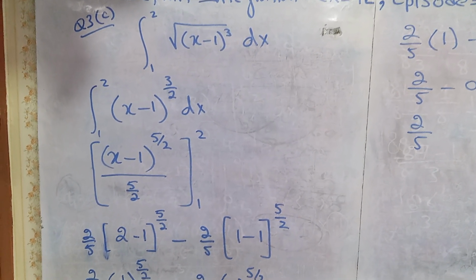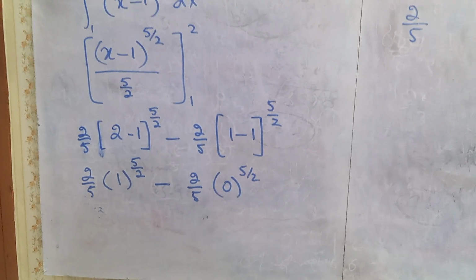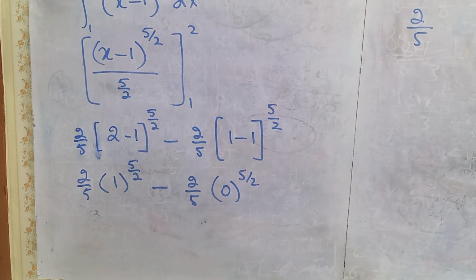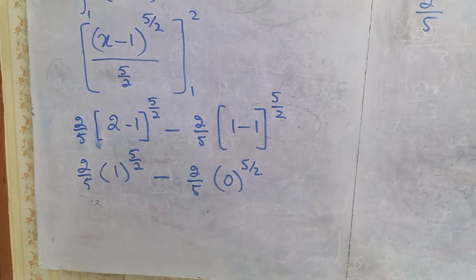The limits are from 1 to 2. So first of all, I'm going to substitute the x value with 2, and then with 1, and both these values will be subtracted from each other.